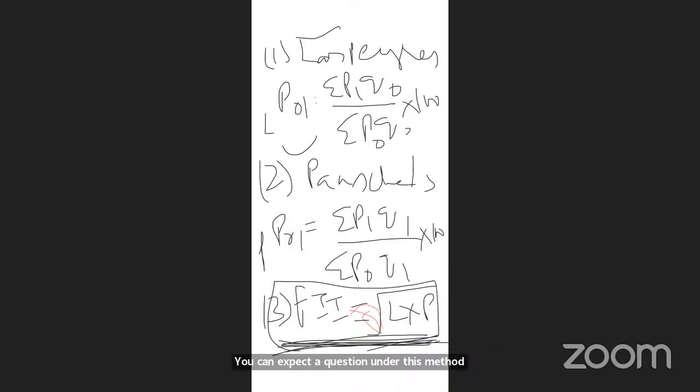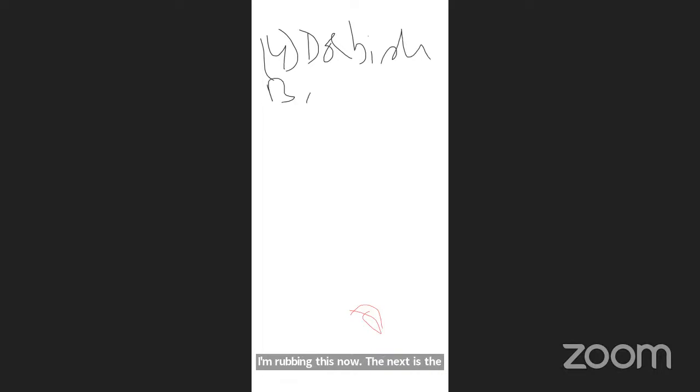Right. So now the other methods are the Dorbish-Bowley method. If you have completed these formulas, I'll write down those three methods' formulas also. Have you copied? I'm rubbing this. Now the next is the Dorbish-Bowley method.